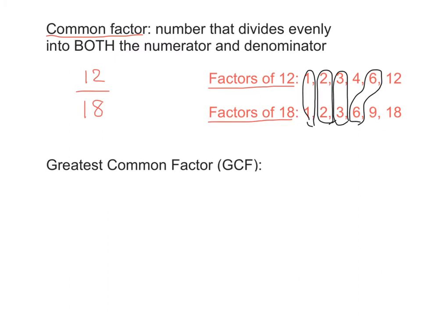I can pick any one of those numbers to simplify 12/18. Let's say I want to choose 3. So if I divide both of these by 3, I would be simplifying down to 4/6. But 4/6 is not in simplest form, so I'd have to divide both of those by 2 again to get simplest form.